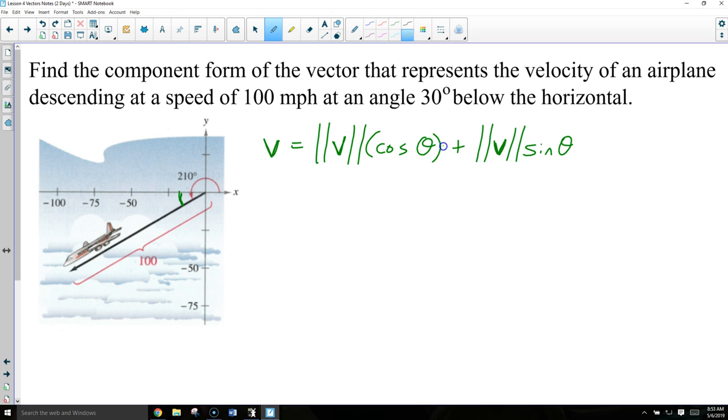And we also have vector i in here and vector j here, that separates out the x value and the y value. Well, I already know that the magnitude of vector v is 100, and the cosine of theta, that's going to be taking the cosine of 210 degrees.